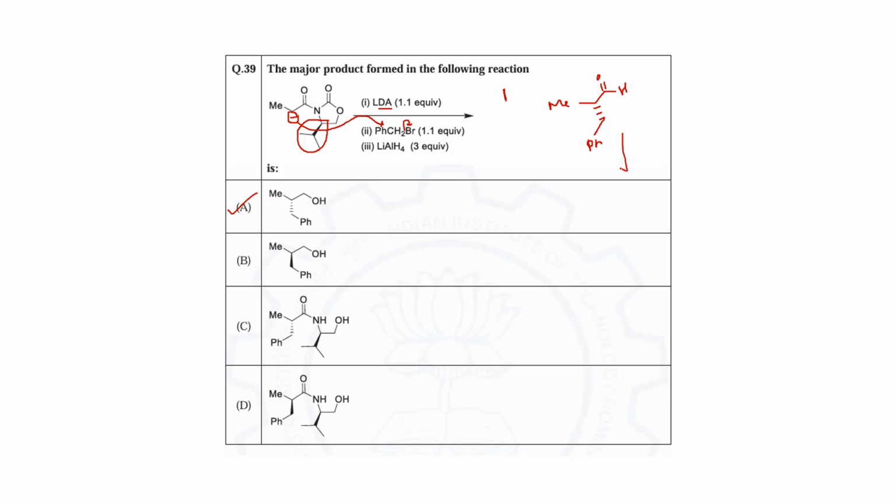The second equivalent of LiAlH4 will reduce it to form an alcohol. Okay, so the correct option will be option A. The first equivalent will form this.